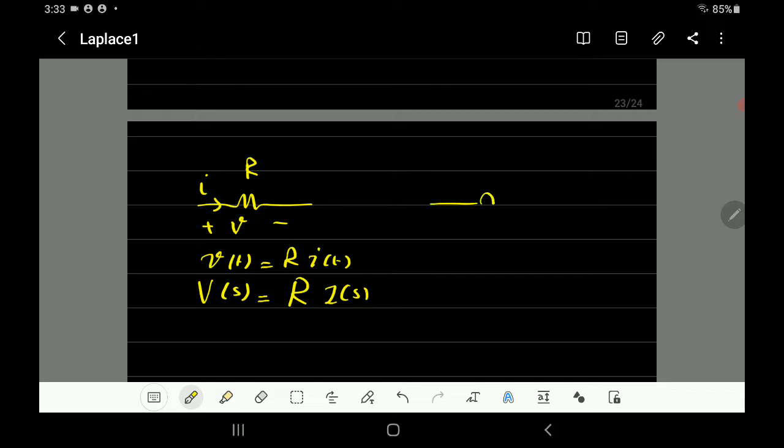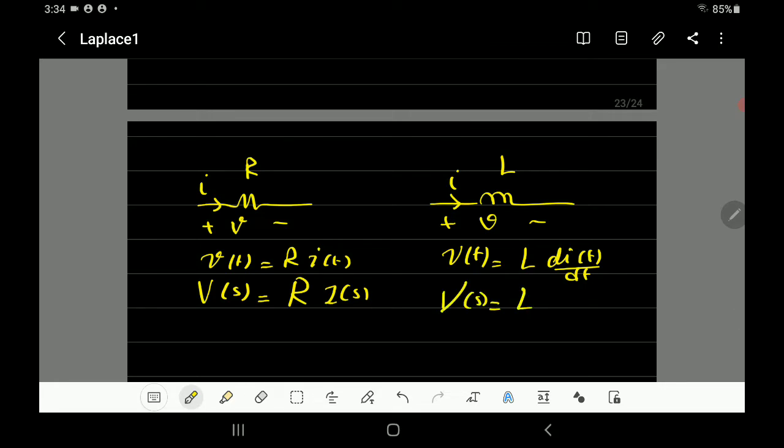If you have an inductor L with the voltage V across it and the current, you know the relationship is v = L di/dt. If you take the Laplace transform, that will be V(s) equals L, and the differentiation will multiply by s.